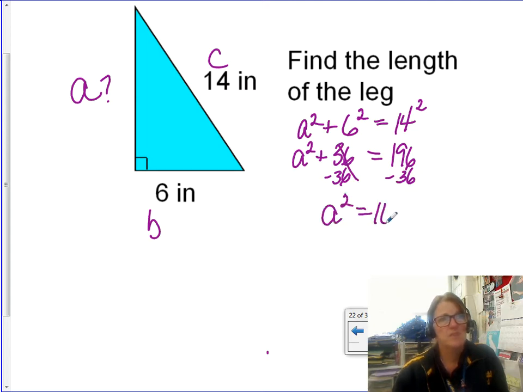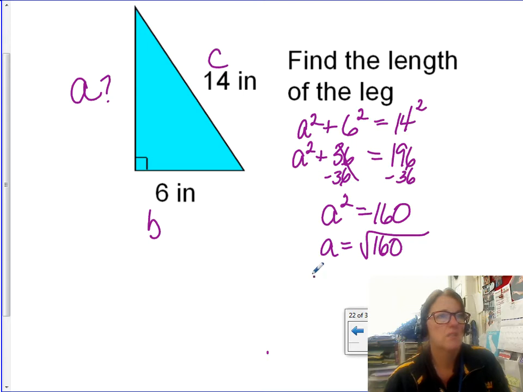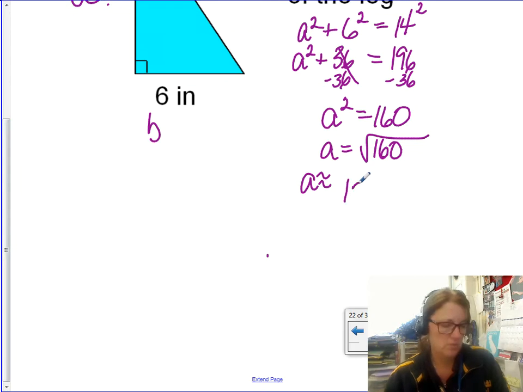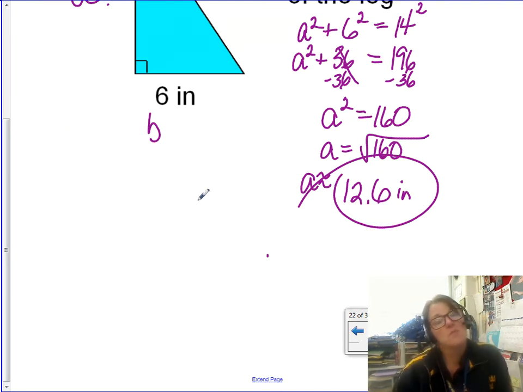And I get A squared is 160. Now, as I'm remembering what I know about perfect squares, I know that 160 isn't perfect. 169 would be exactly 13. So this should be close to 13, but not exactly equal to it. So A is going to be approximately equal to 12.6. And this is in inches again. Okay, about 12.6 inches. Sweet.